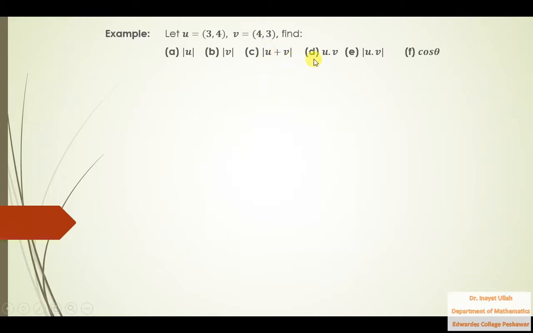The fourth one is the dot product of these two vectors. The fifth one is the magnitude of this dot product: find the dot product of u and v and then its magnitude. And the sixth one is the cosine of the angle between these two.